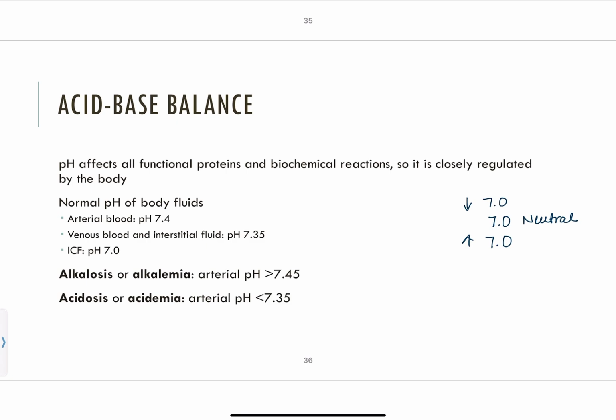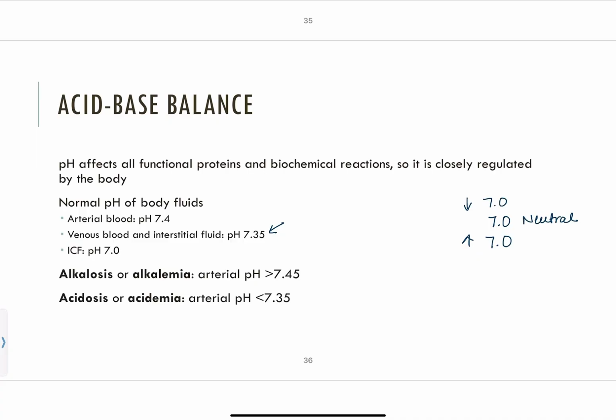I also want to point out that the venous blood is a little bit more acidic at 7.35 relative to our arterial blood. Again, arterial blood is the blood that we're bringing from our heart that's heavily oxygenated. It's going to go into the capillaries of our tissues where it's going to unload the oxygen and pick up waste products, and it's going to exit the capillary bed in the tissue via your veins.